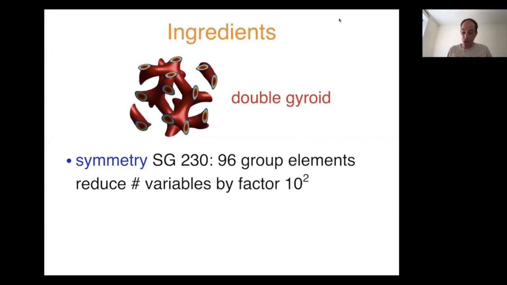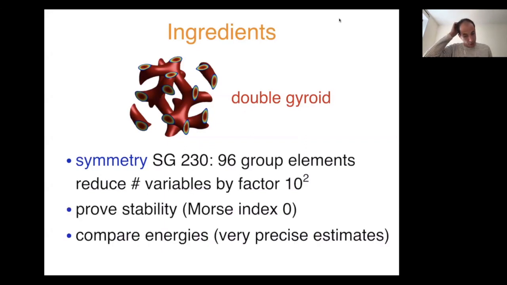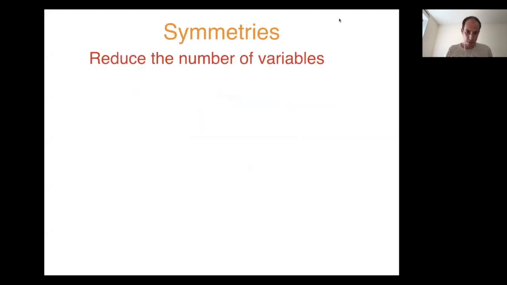It has a symmetry group with 96 elements. And if you take care of that, you can reduce the number of variables in your computation by a factor of 96. So that is a lot. And we also did prove in this case that they were local minimizers, and we compared energy rigorously. So let me spend a couple of minutes on each of these and then we're done.